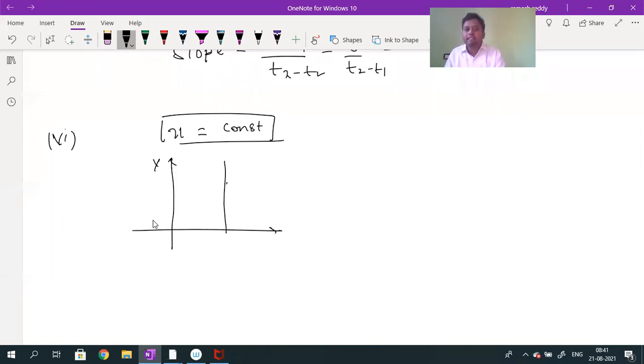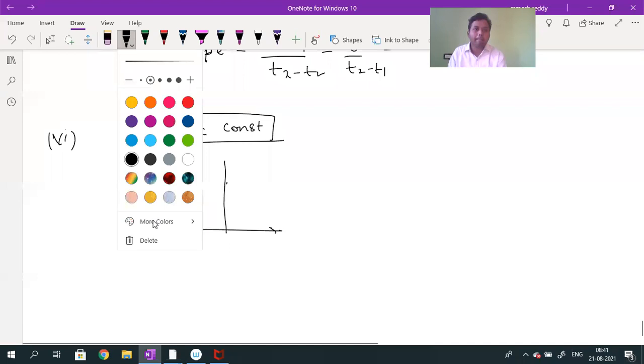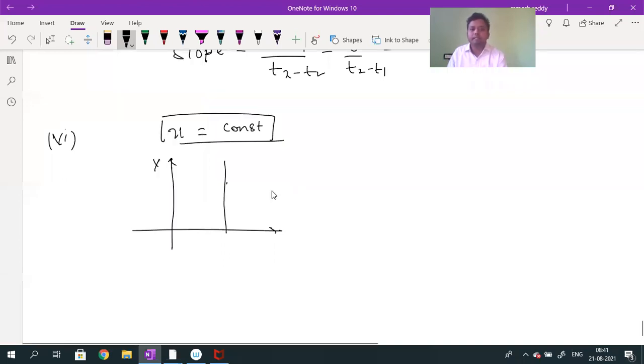Here the x value will be constant. Then what is the slope value? The slope formula is y2 minus y1 divided by x2 minus x1.